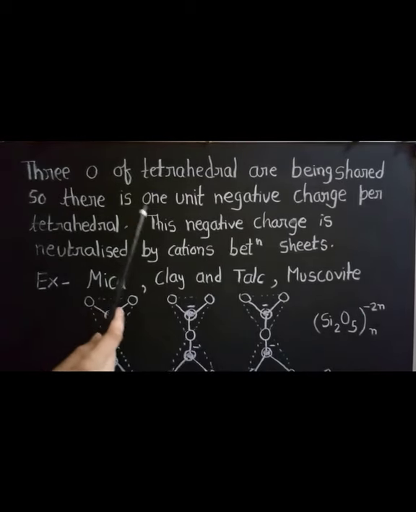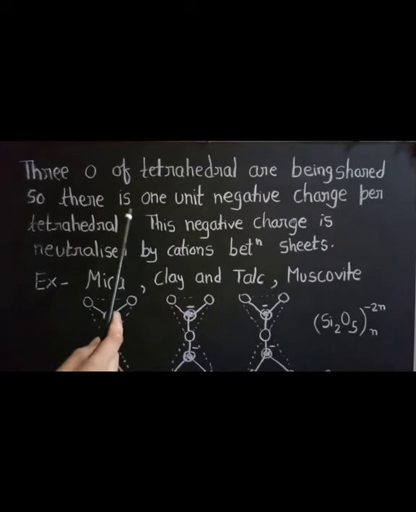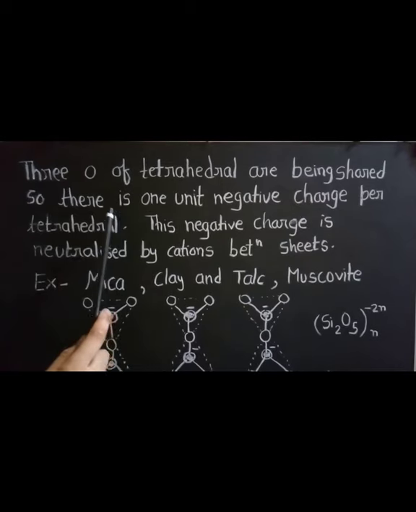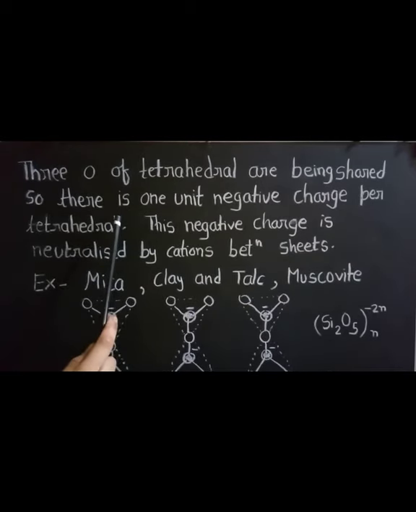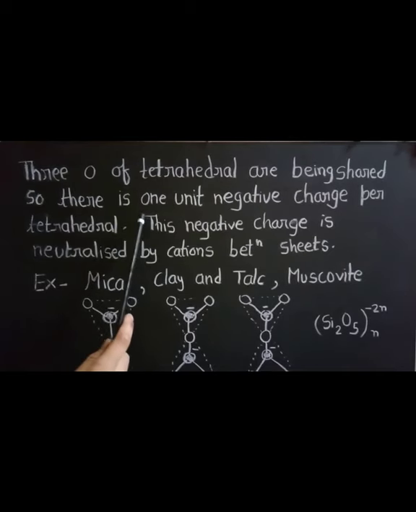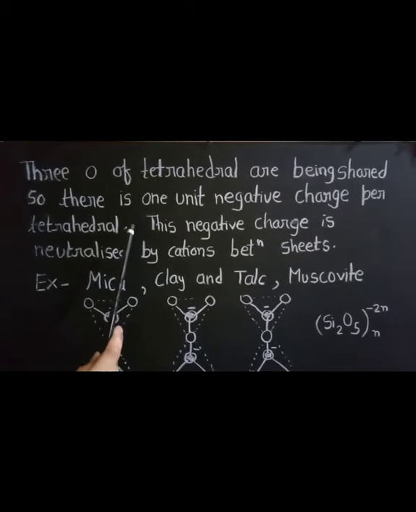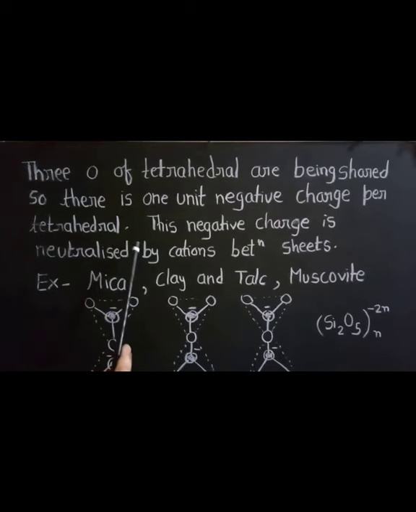Each SiO4 tetrahedron shares 3 oxygen atoms with others, thus forming 2-dimensional sheets. Since 3 oxygens of the tetrahedron are shared, there is 1 unit negative charge per tetrahedron. This negative charge is neutralized by cations between sheets.